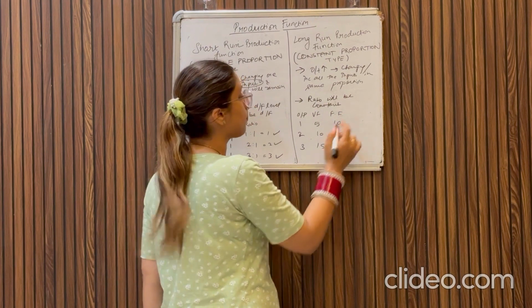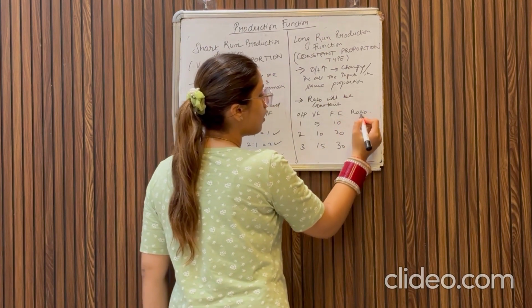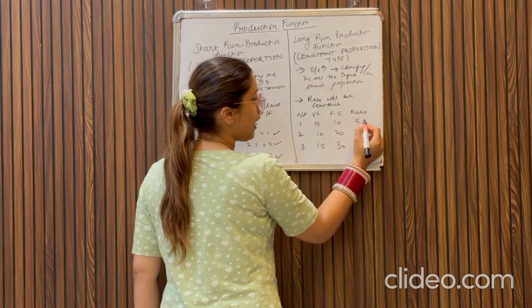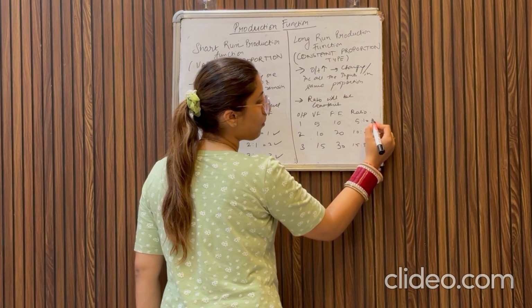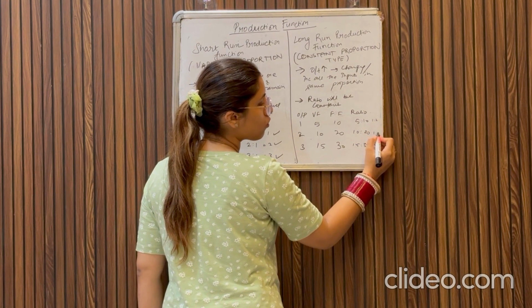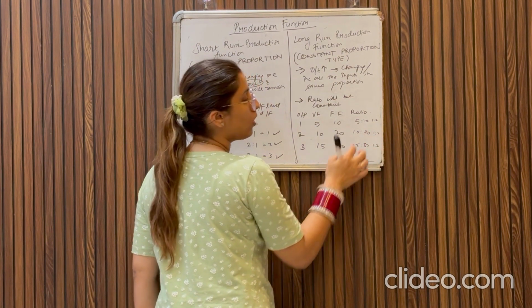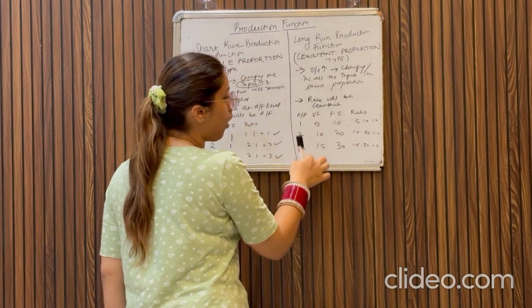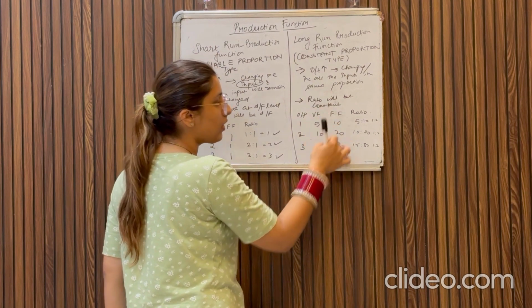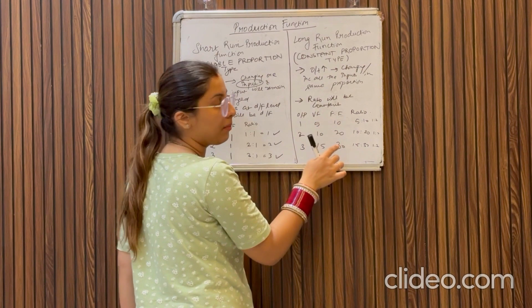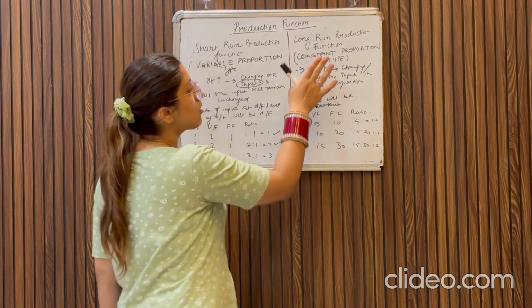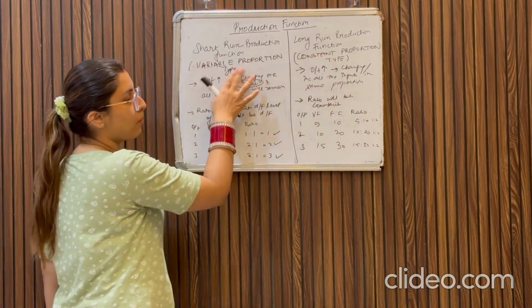So the ratio will become 5:10, 10:20, 15:30. So it will become 1:2, 1:2, 1:2. So the ratio is constant throughout. As the variable factor is increasing, fixed factor is increasing, our output will increase because of the increase in both the factors. So yeah, this is the constant proportion type and this is the variable proportion type.